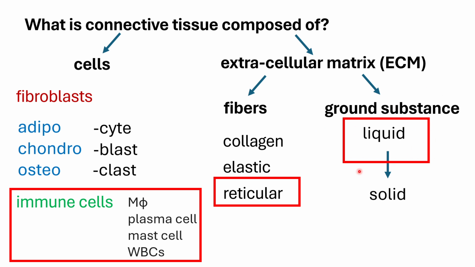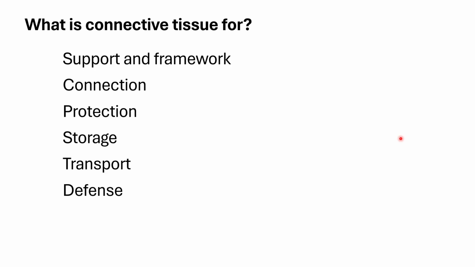The ground substance of your peripheral blood and your hematopoietic tissue is liquid in nature, or almost semi-liquid.